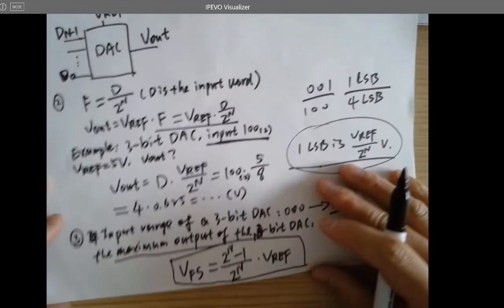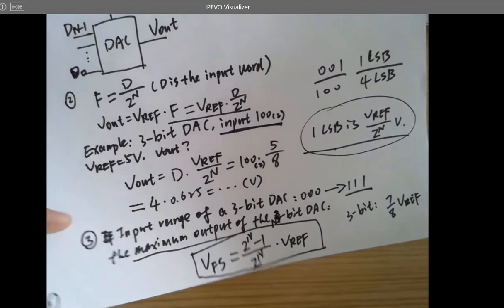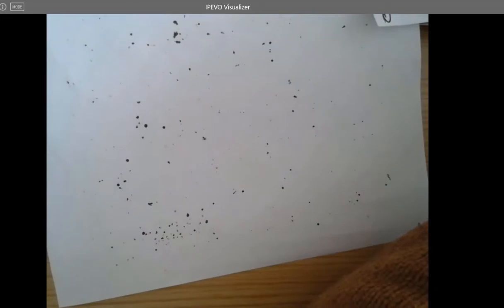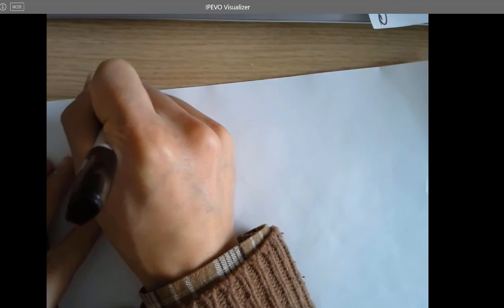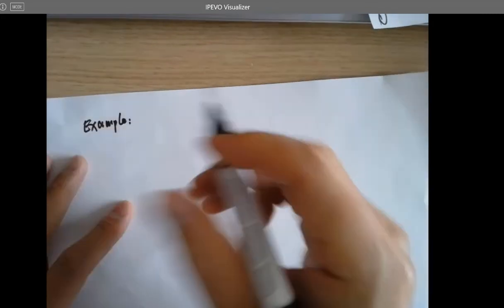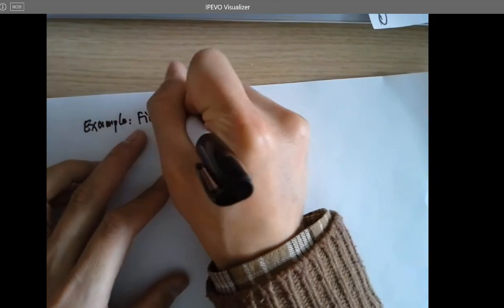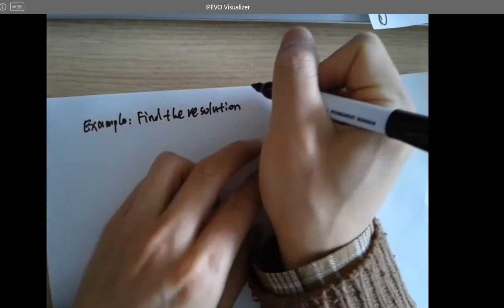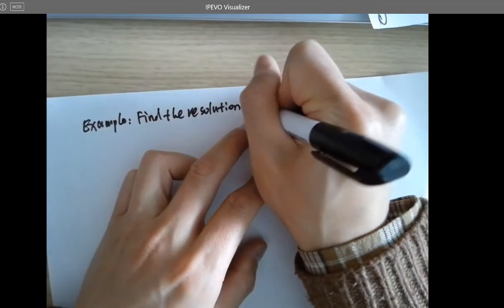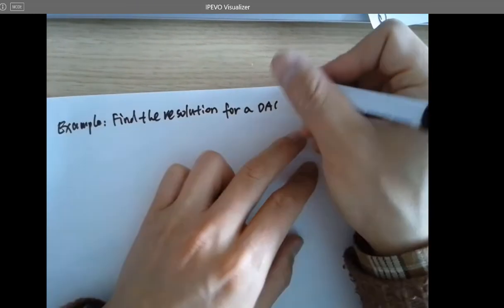Right, so let's look at one more example. Find the resolution for a DAC.